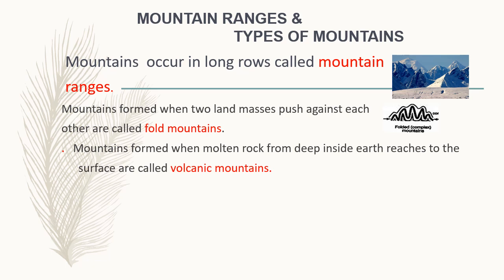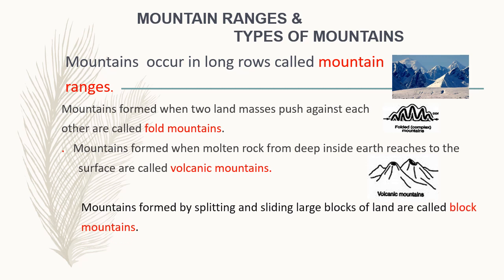Volcanic mountains are formed when molten rock from deep inside the earth comes onto the earth's surface and gets accumulated in the shape of a hill. Then volcanic mountains are formed. And mountains also form by splitting and sliding of large blocks of land. These mountains are called block mountains.